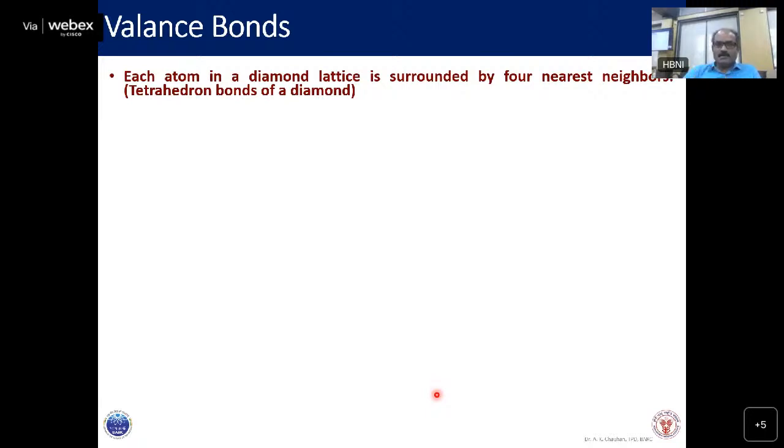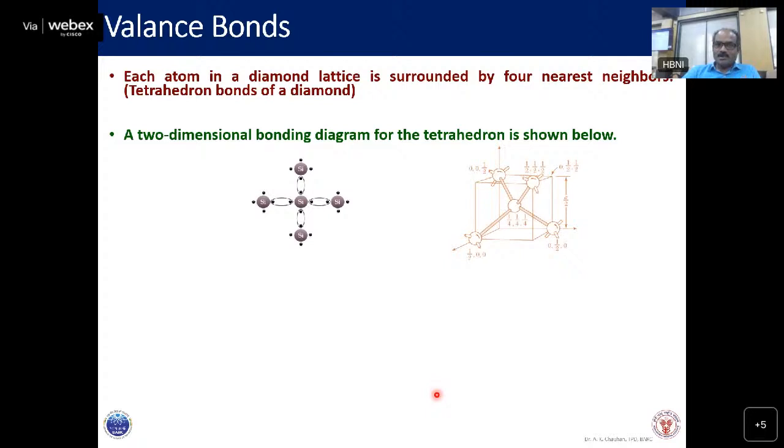Each atom in a diamond lattice is surrounded by 4 nearest neighbors. So this is a tetrahedral bond, because we saw there were 3 spheres and we inserted an extra sphere in between those 3 spheres. So this center point has a valency of 4 only.